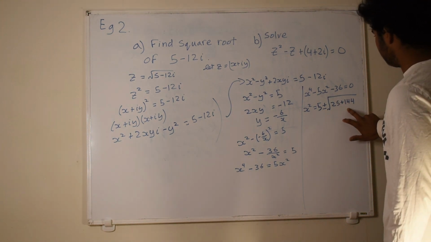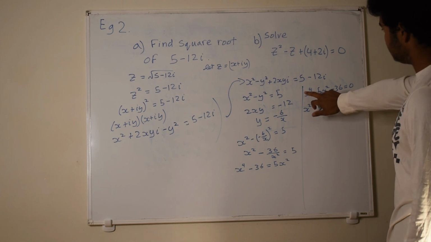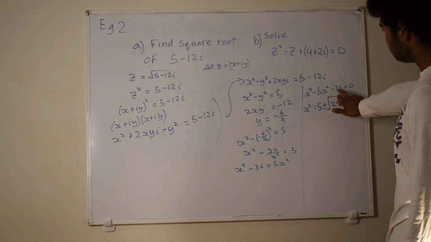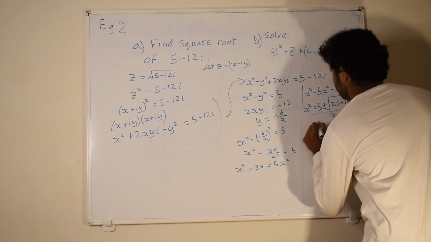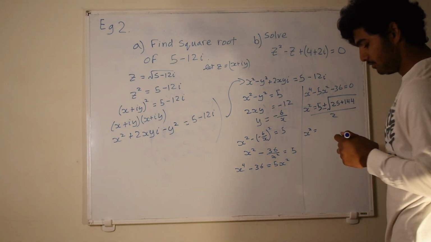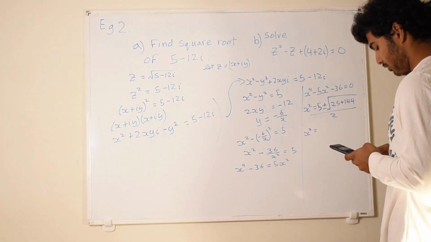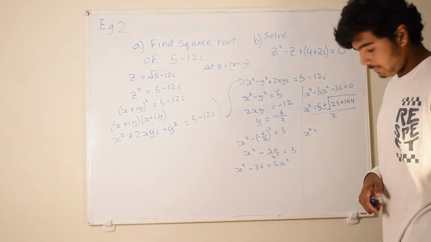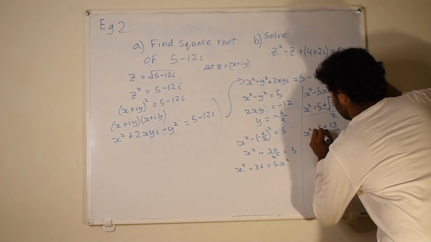Anyways, that becomes plus 24, because minus 4a, which is 1, times minus c, so minus minus becomes positive, all upon 2a, all upon 2. So we get x squared equals 5 plus minus the square root of 169, which is 13. So we get 5 plus minus 13 upon 2.